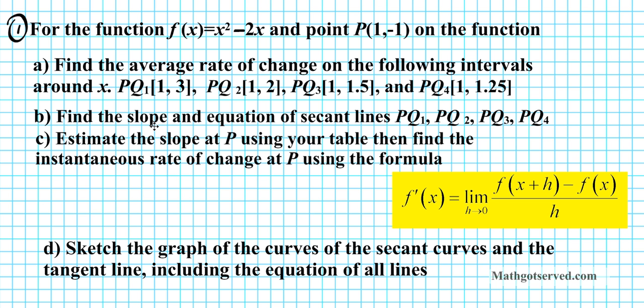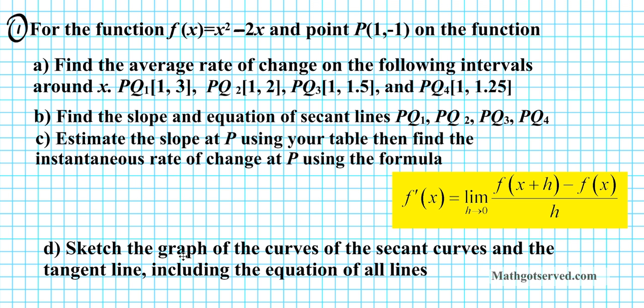Now, after finding the average rate of change, we'll find the slope and equation of the secant lines on the same table. The secant lines through these points, and it will estimate the slope at the point P using the table, and then we'll find the instantaneous rate of change using this formula that I showed you earlier, a variation of the instantaneous rate of change.